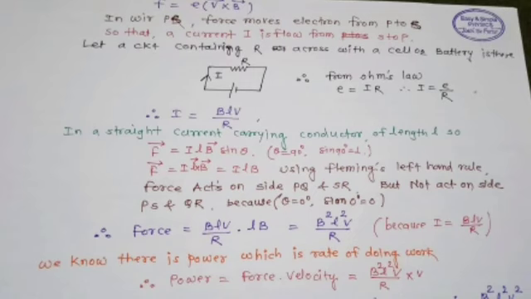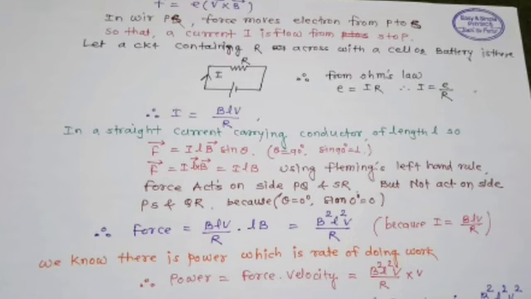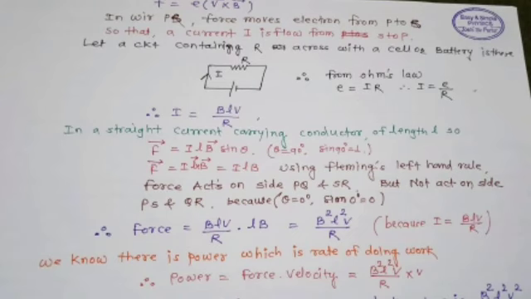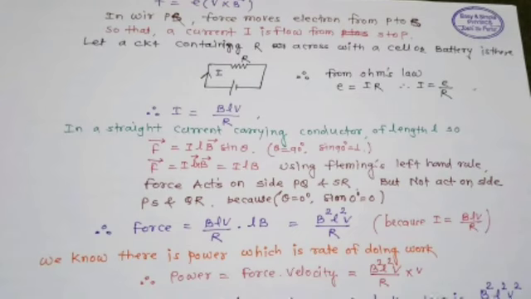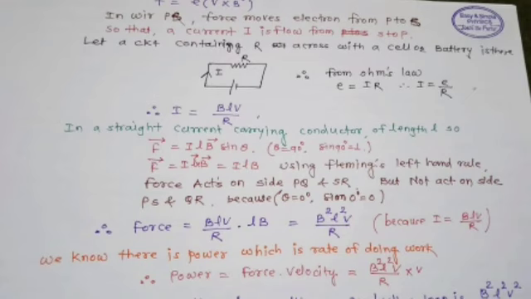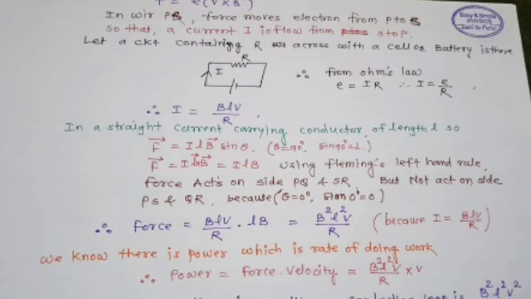From Ohm's law, we know E equals IR. Therefore, I equals E upon R. Substituting the value of E, I equals BLV upon R.